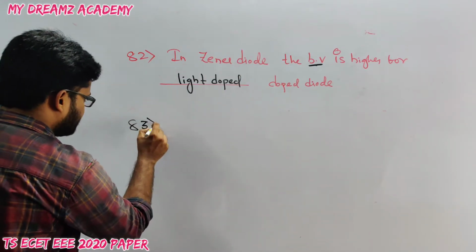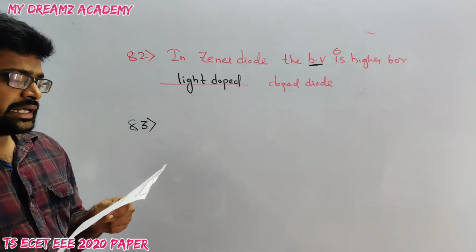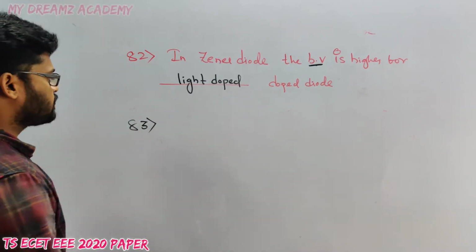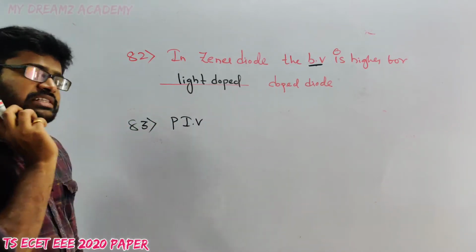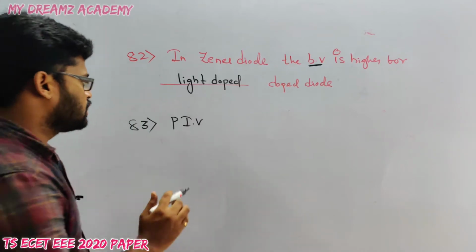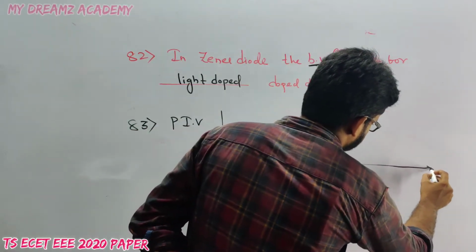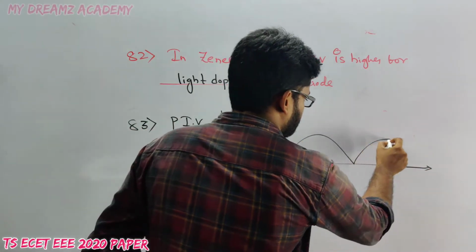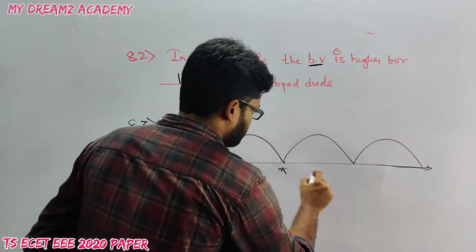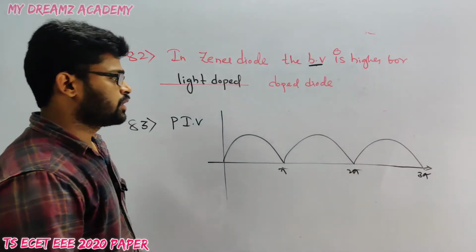Now 83. The question is the bridge rectifier peak inverse voltage. First of all, we will see the bridge rectifier output. The bridge rectifier output is like this, pi, 2 pi, 3 pi.